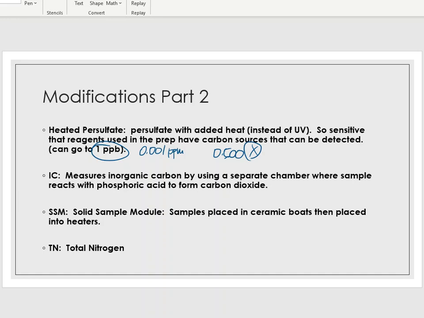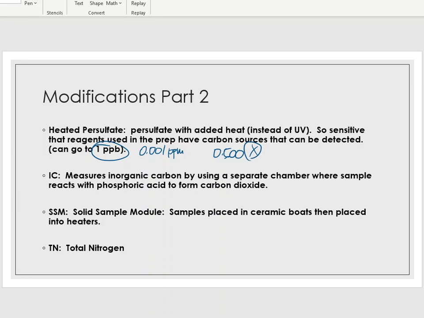That's the drawback with this. So sensitivity is great. You can go really, really low, but at the same time, you might be investing more money and more trouble in this whole concept of getting things super clean to be used on this machine so it doesn't have any kind of cross contamination or background contamination issues.